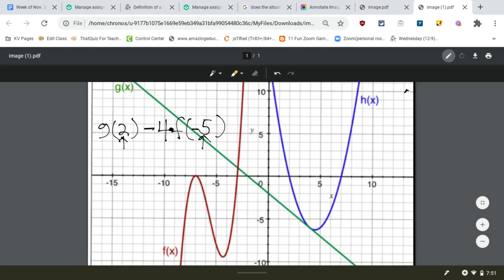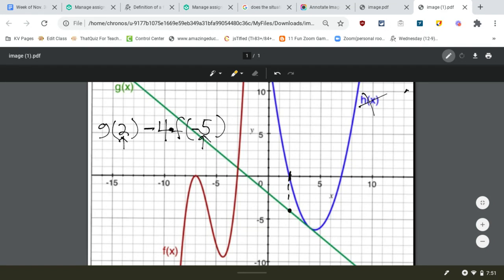Okay, so g of 2. So we need to go to positive 2 for x. So positive 2 for x is this spot right here. Now keep in mind, we're not doing the blue function. So we're tracking it down to g of x, tracking it down to the green graph. So follow that down right there.